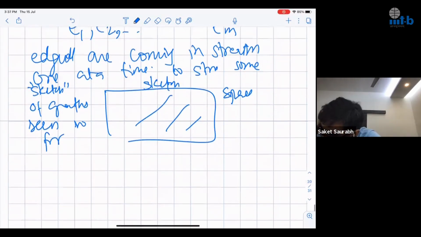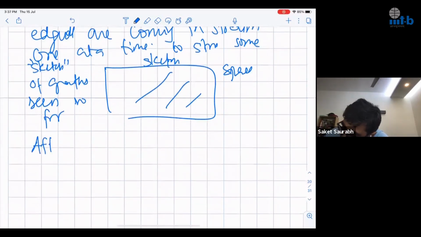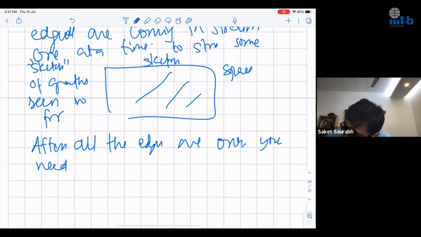And after all the edges are over, you need to decide some problem based on your sketch.